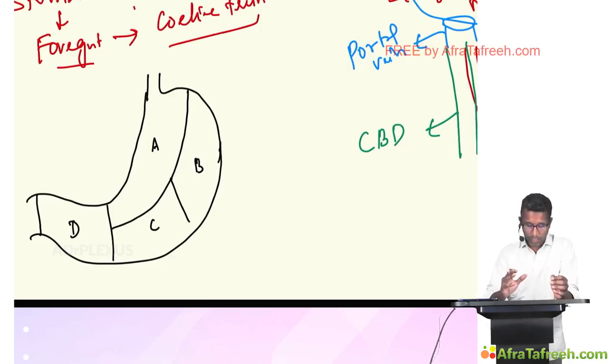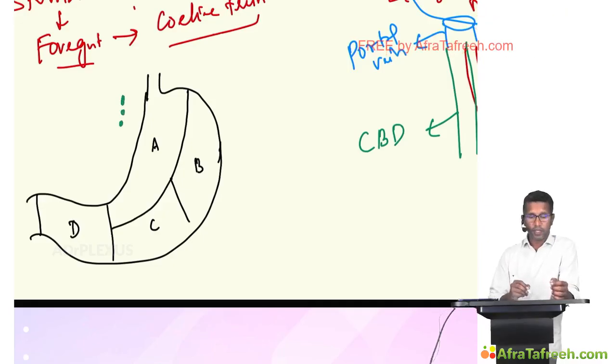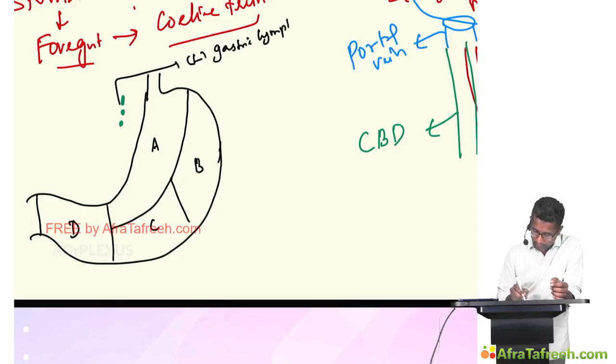When you see the lymph nodes around the stomach, you find certain groups of lymph nodes. The lymph nodes seen close to the lesser curvature are called the left gastric lymph nodes.